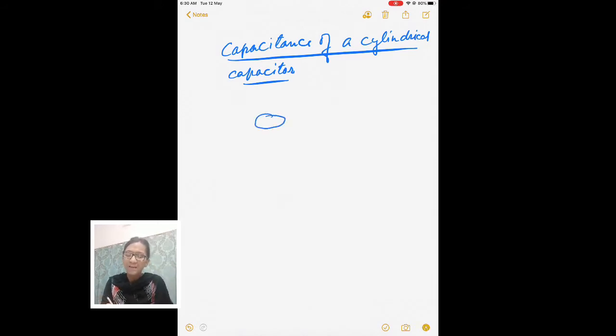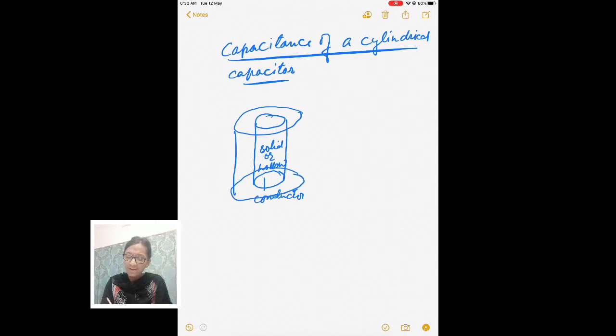It will be having a central cylindrical conductor. This is your cylindrical conductor. It can be solid or hollow conductor. Now it is surrounded by a hollow cylindrical conductor.